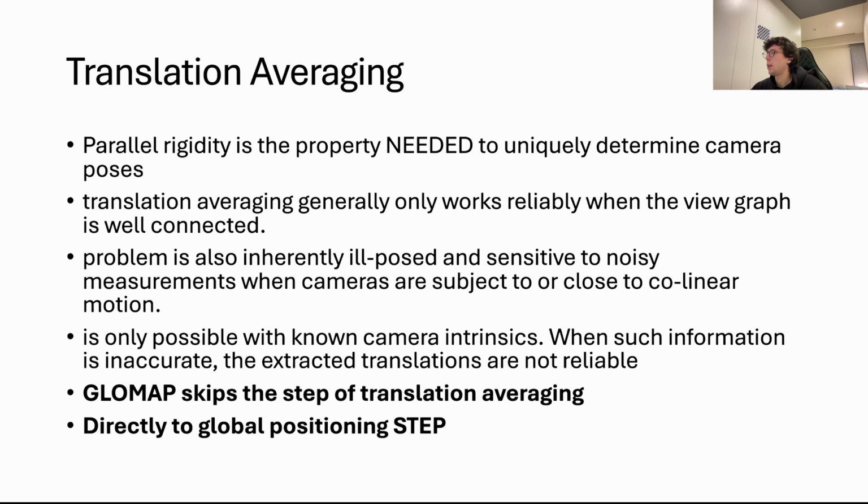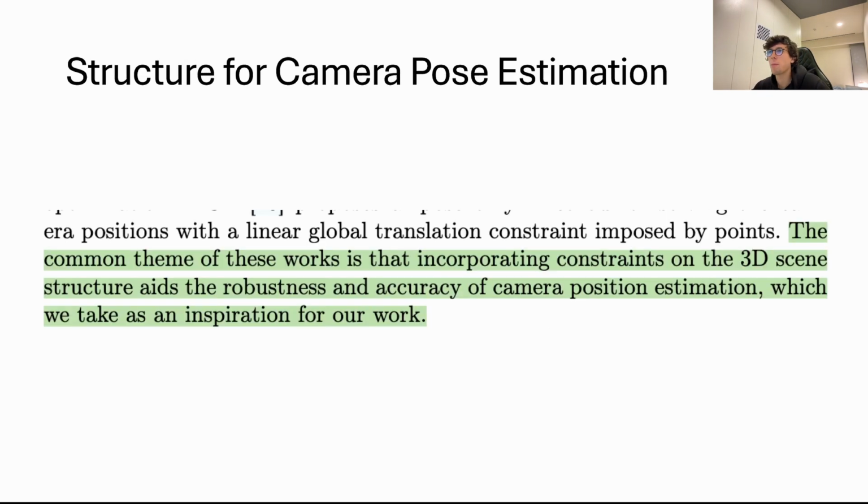So this is very tricky. People propose different solutions to this, but the main takeaway from here is that GLOMAP says, okay, no, we are not doing this altogether. We skip it, and we directly do global positioning, and we will see exactly why this works later on. They say that incorporating constraints on the 3D scene structure aids the robustness and accuracy of camera position estimation.